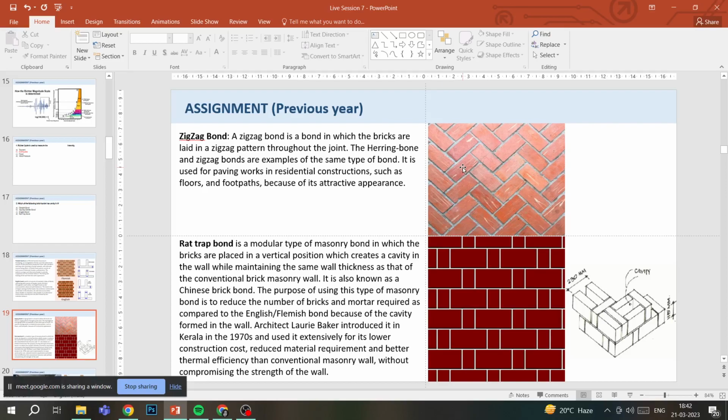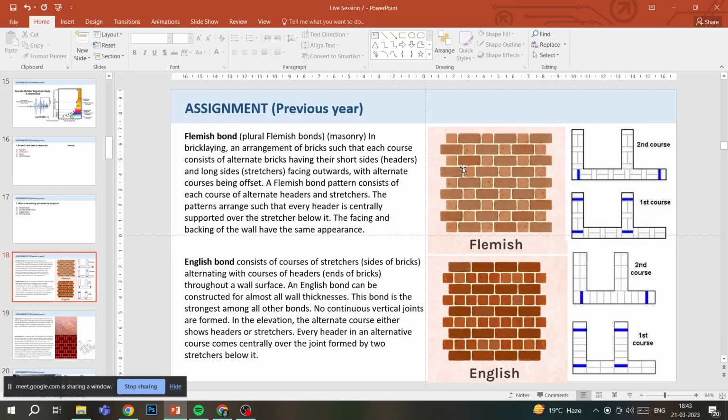Rat trap bond is a modular type of masonry bond in which the bricks are placed in a vertical position, which creates a cavity in the wall while maintaining the same wall thickness as that of the conventional brick masonry wall. The look of rat trap bond, if you go by the elevation, is exactly like Flemish bond, but it is different in how it is arranged.